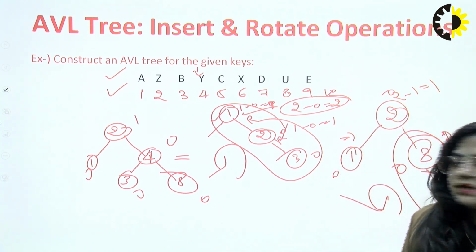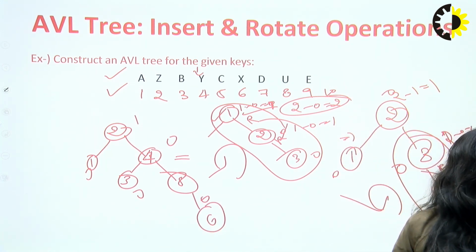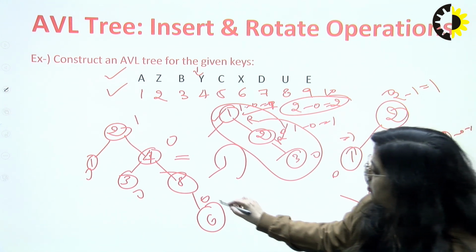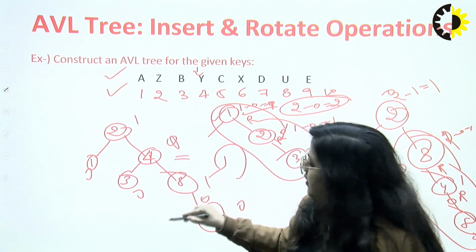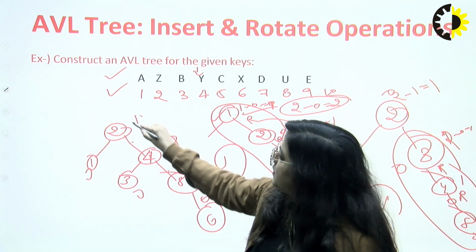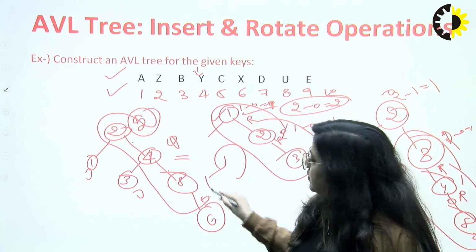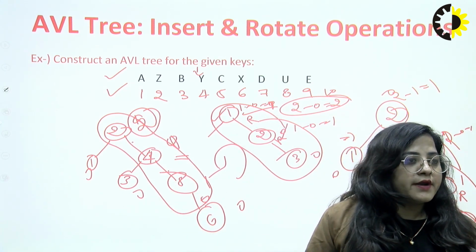Now 6 is inserted here, same condition. Now it is inserted, and check the balance factor again: here 0, this one is 1, and this one is 2 minus 1, 1. Now again check 1, 2, 3: 3 minus 1 means 2. If it is 2, then we need to adjust around this node. Which type of rotation is required?